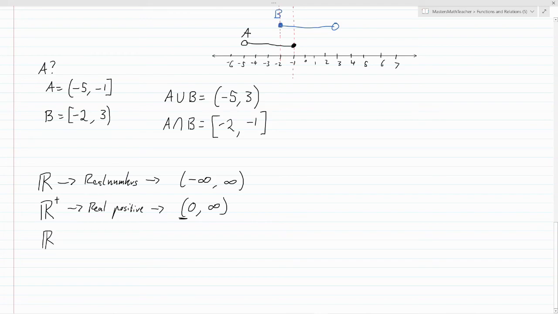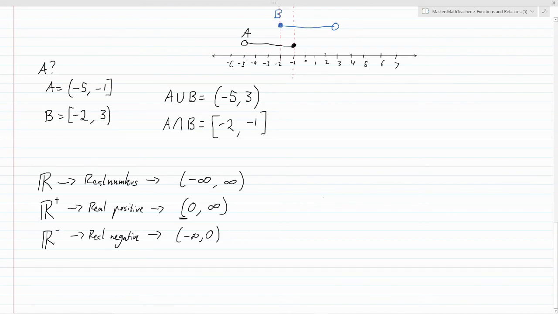You can also do real negatives. Which again, this time it ends at 0 and goes to negative infinity, but it still does not include 0. Okay? The reals include 0, but real positive and real negative do not include 0.